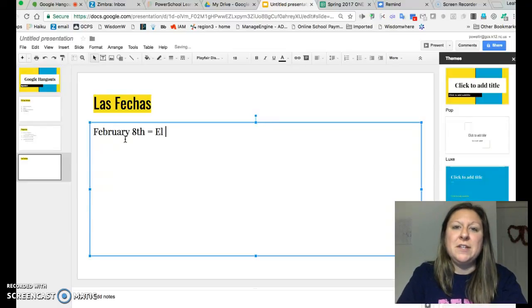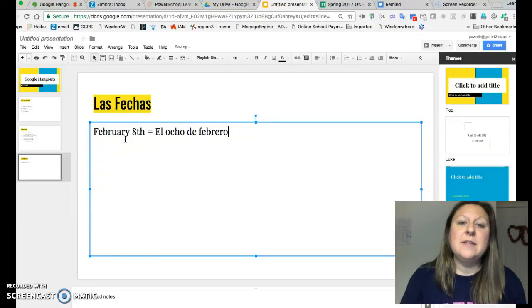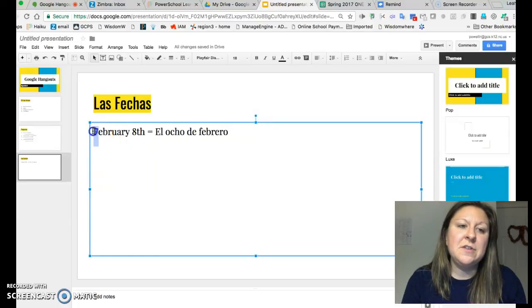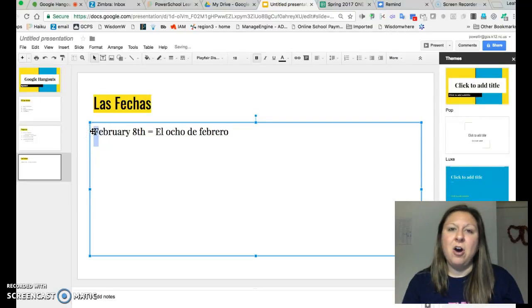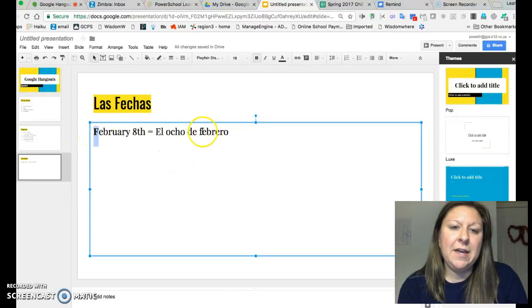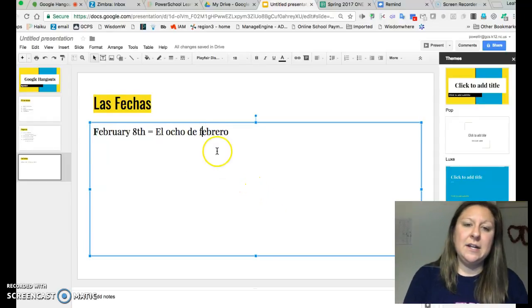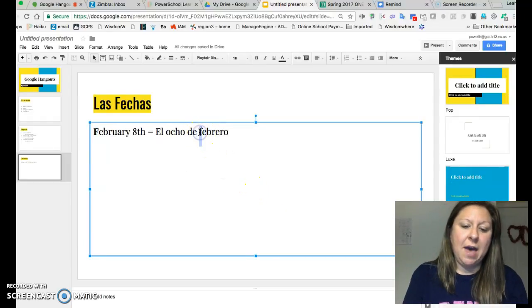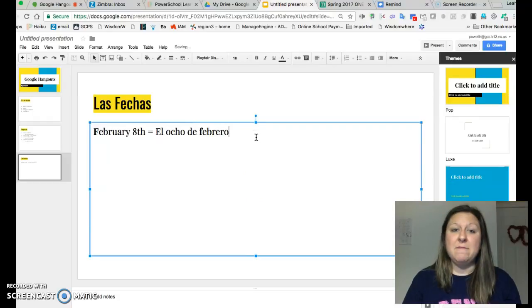In Spanish, we're going to say el 8 de febrero. Notice how here we have our F in February capitalized. Here we do not. Capitalization is not needed on any of the months or the days of the week either.